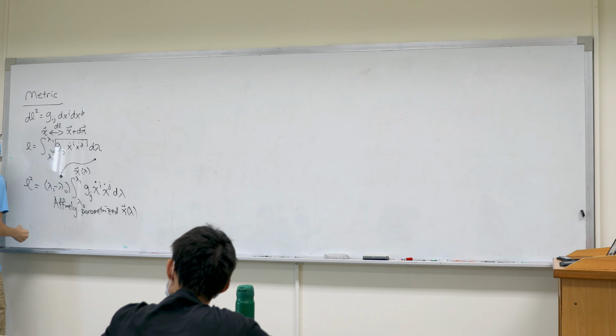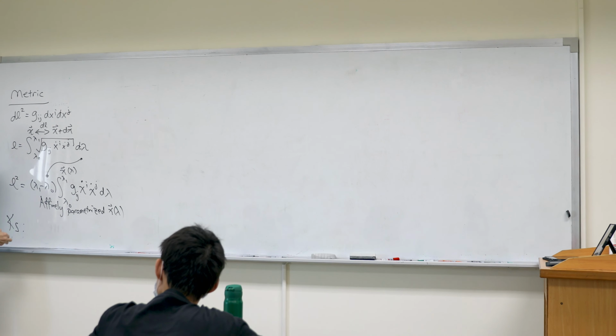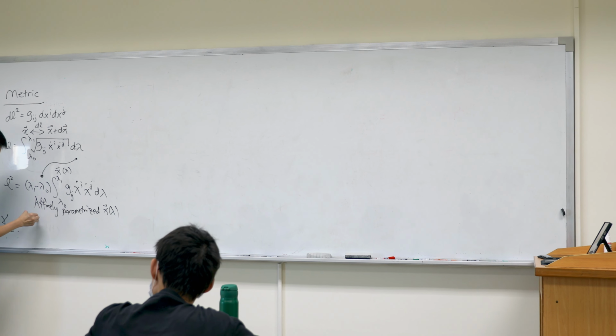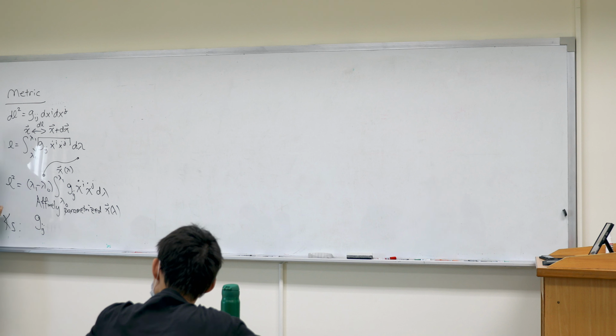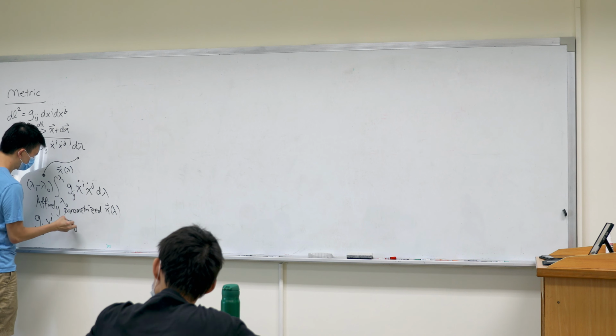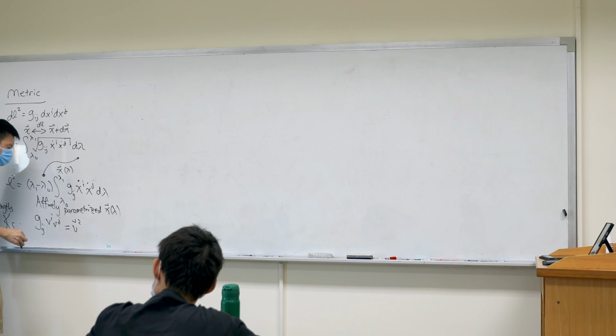And then we saw measurements of angles. Okay, how do you do that? So you take Gij for angles and lengths. This object is the square of the length of the vector.